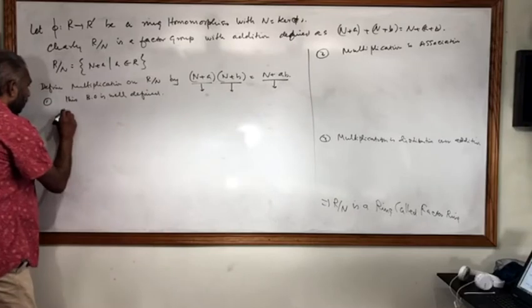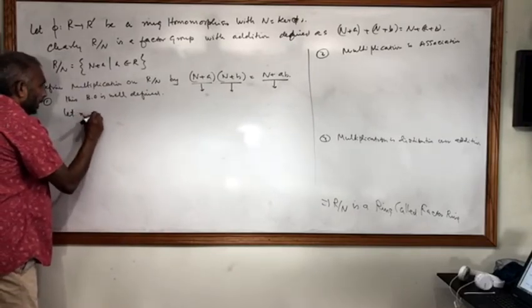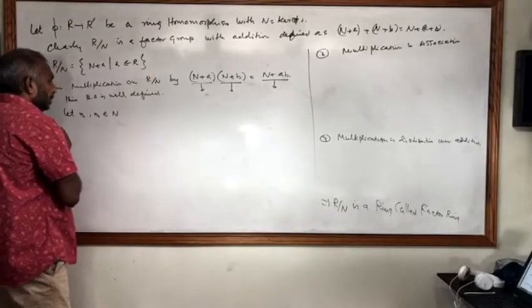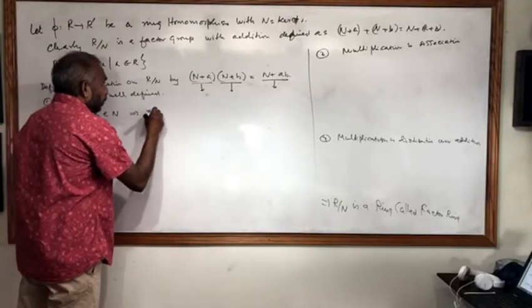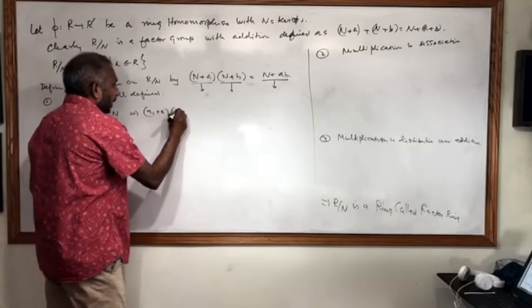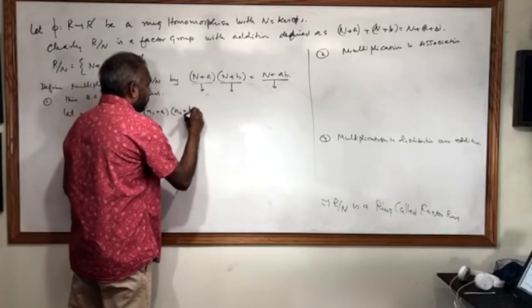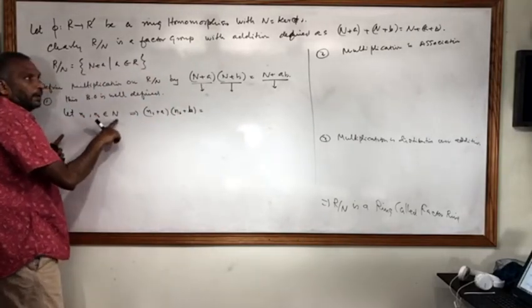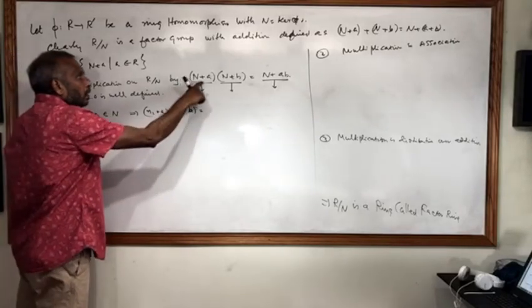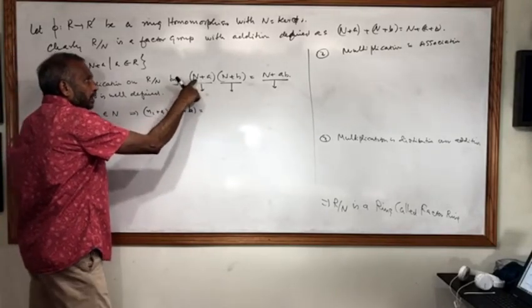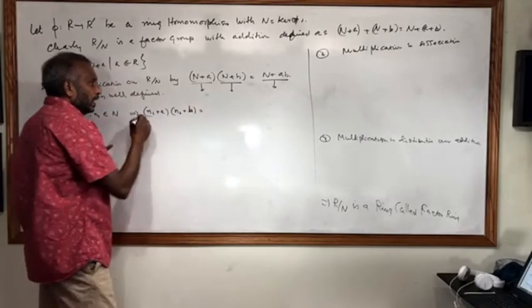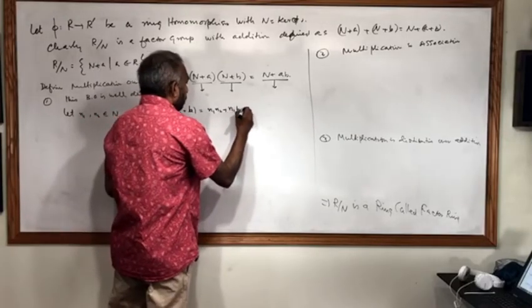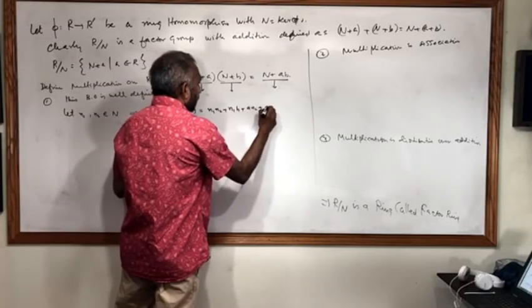So let n1, n2 belong to N. That implies (n1 + a)(n2 + b) is equal to, we are multiplying these two with the representatives from N, where a and b are representatives of this coset and this coset. This implies n1n2 + n1b + an2 + ab.